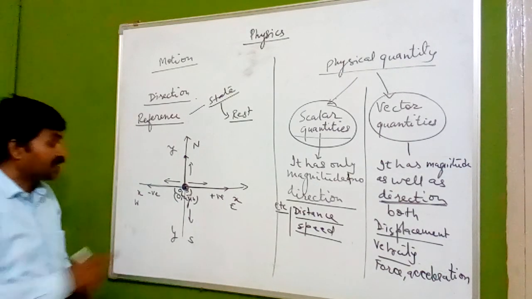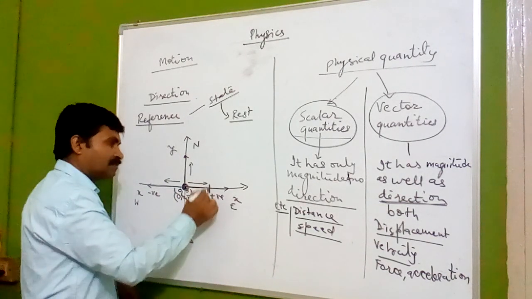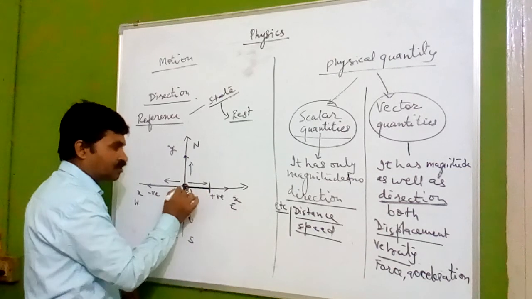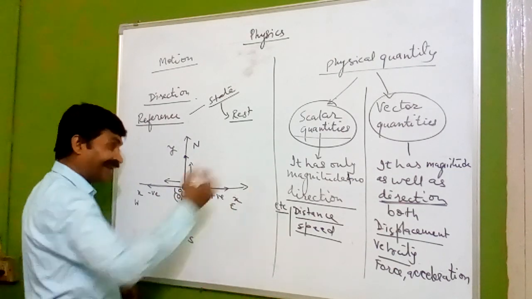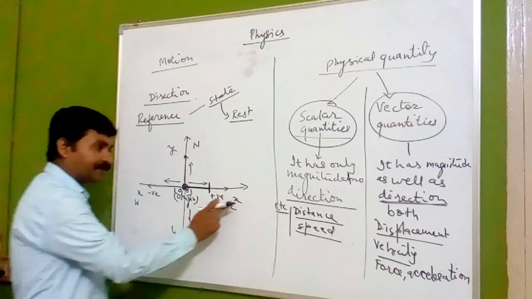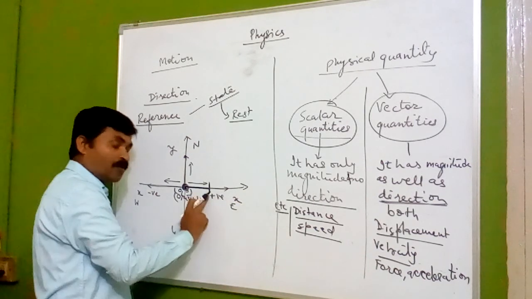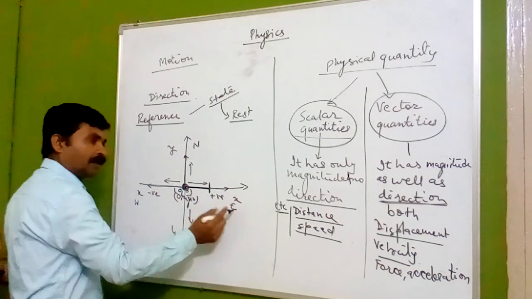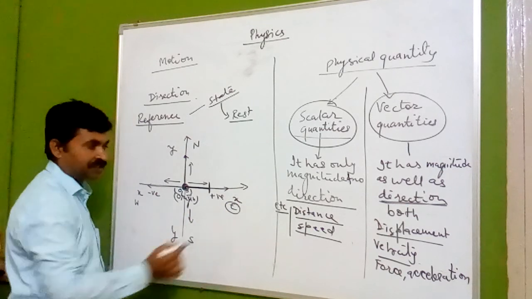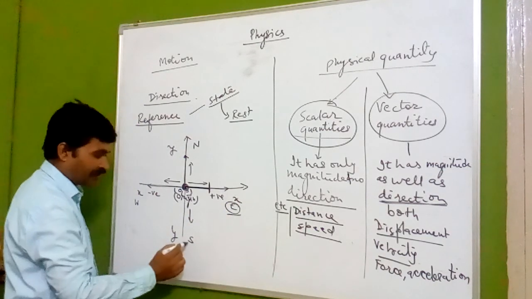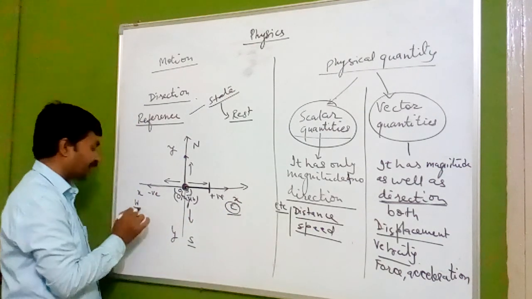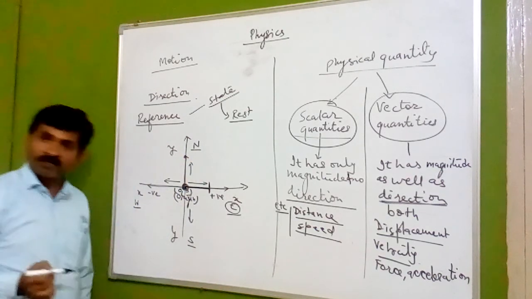So we can say it is in rest. Similarly, if somebody or some object moves from this point in any direction, here we have taken x direction, it is a positive one. I can also take it as direction east, here I have taken south, here west, here north.